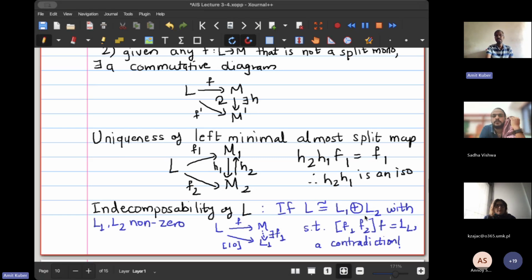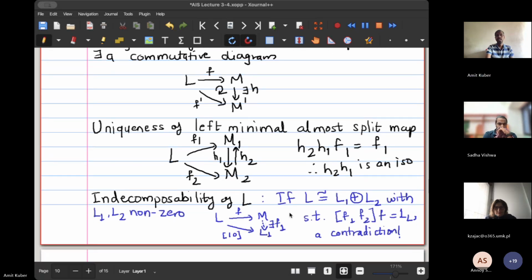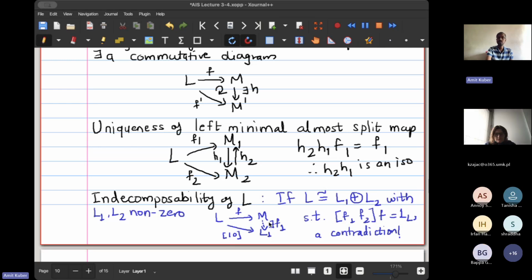If L is not indecomposable, so L1 and L2 are non-zero, so L is isomorphic to L1 direct sum L2, then there is a morphism from L to L1, which is simply the projection. And for this projection, can you tell me why it is not a split monomorphism?